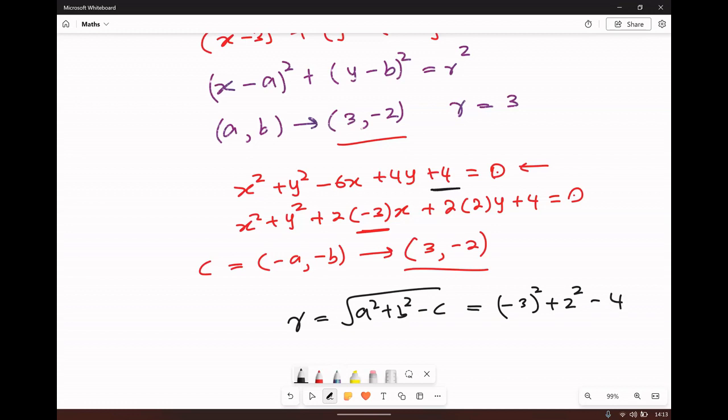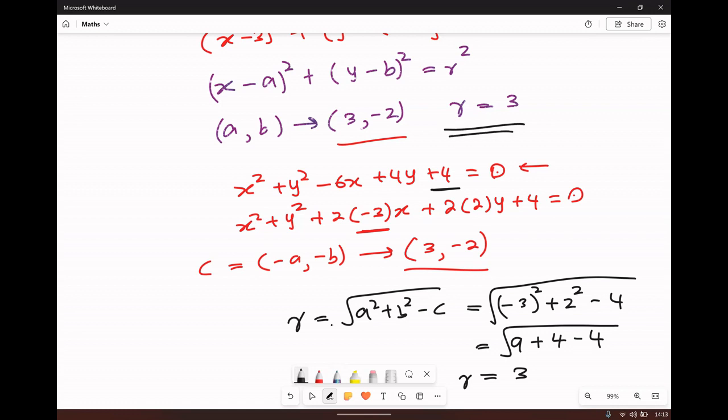So if you get the square root of that, it's the square root of 9 plus 4 minus 4. So we get 3 as the radius of the circle, which is matching with the other format as well. So you can see that either way we can get the center and the radius of the circle. Afterwards we can do the other required simplifications, and then the equation can be used for the rest of the calculations where necessary.